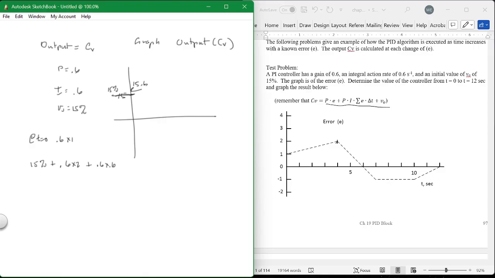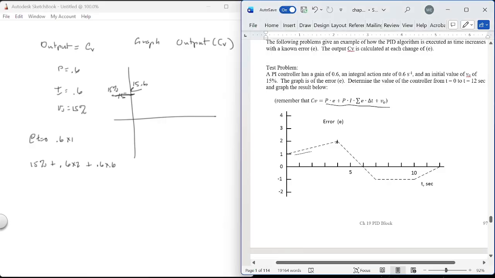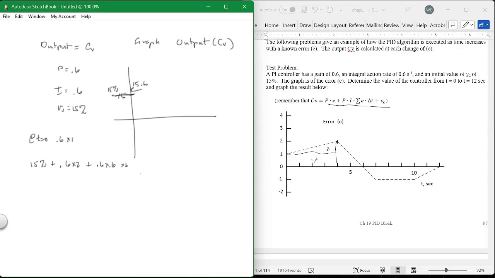So there'd be 4, if you just count this across here, this would be 4, and this would be another 4, but it's a triangle, so it would be 2. So the integral of the error is 6. Any questions about that?